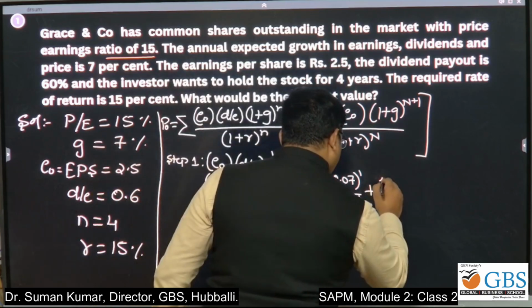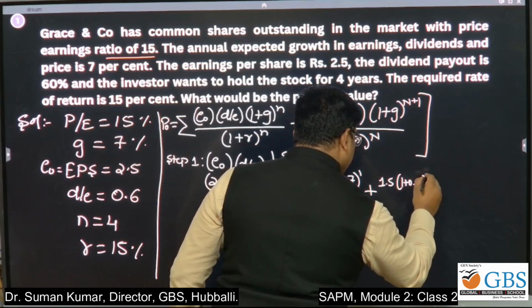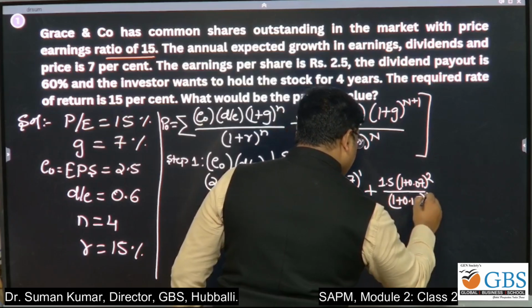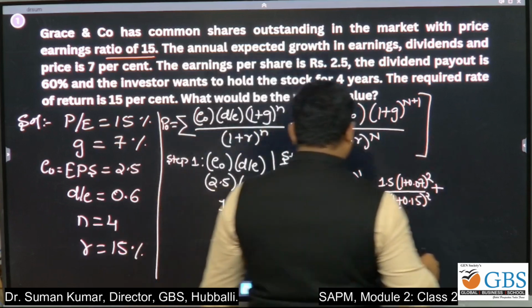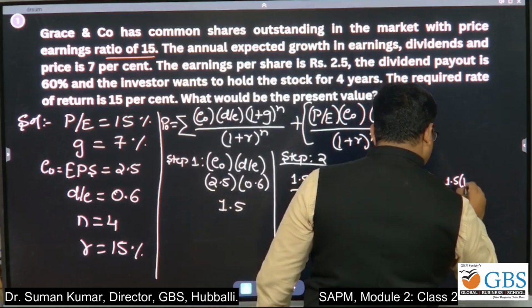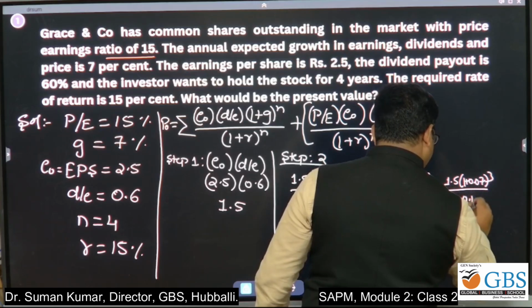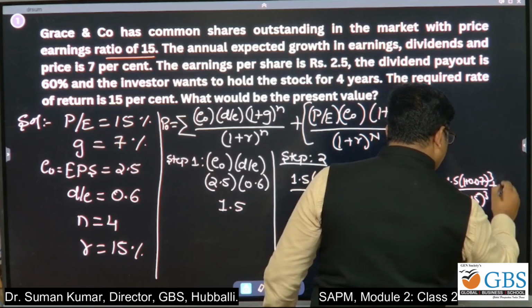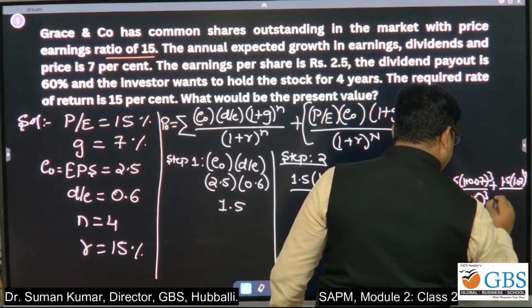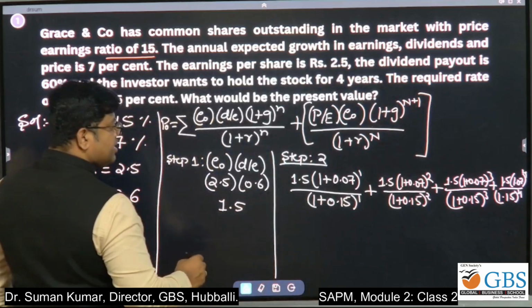Then similarly 1.5, 1 plus 0.07 raised to 2 divided by 1 plus 0.15 raised to 2. So on up to what? 4. 1.5, 1 plus 0.07 raised to 3 divided by 1 plus 0.15 raised to 3, 1.5, 1.07 raised to 4 divided by 1.15 raised to 4. Please let me know the answer.